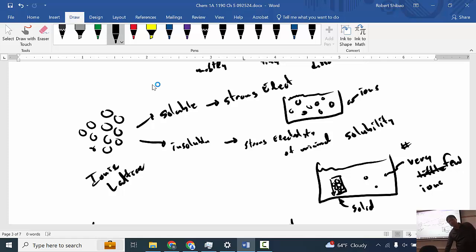That's one way. The other way of thinking about it is in terms of conductivity. These electrolytes can conduct electricity in water, and the more ions you have, the better it conducts.